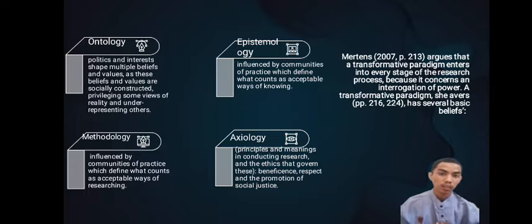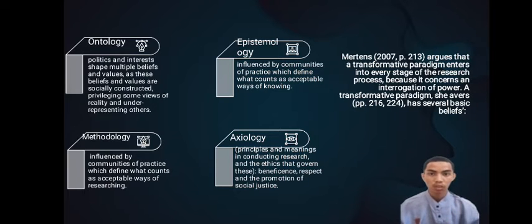And for slide number 3, Mertens 2007 argues that a transformative paradigm enters into every stage of the research process because of its concern with the interrogation of power. A transformative paradigm has several basic beliefs.